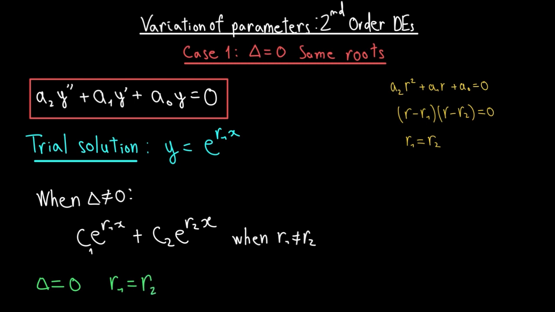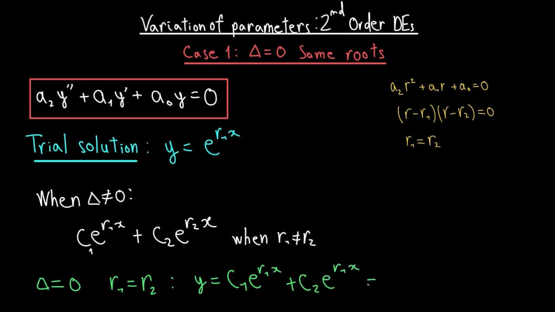Well, we have a problem here because the solution can't be of this form. And let me show you why. So we have y is equal to c1 e to the r1x plus c2 e to the r2x. But since r1 is equal to r2, I have c2 e to the r1x.